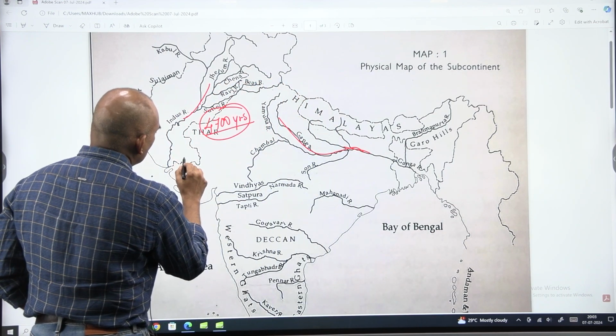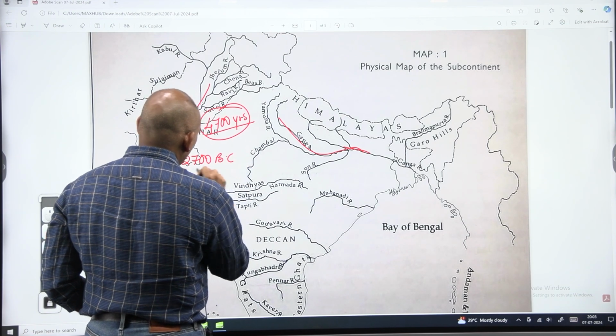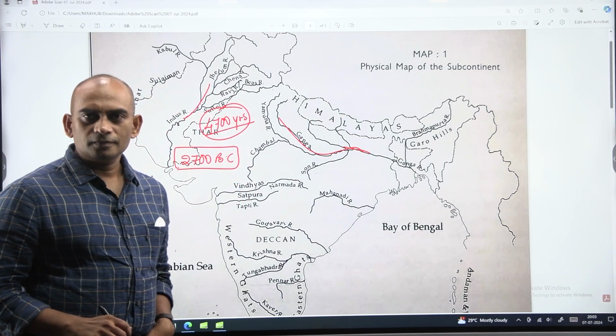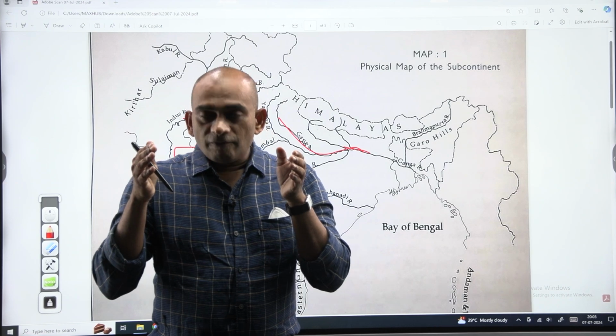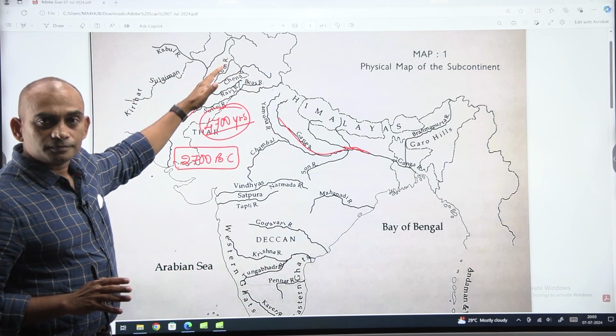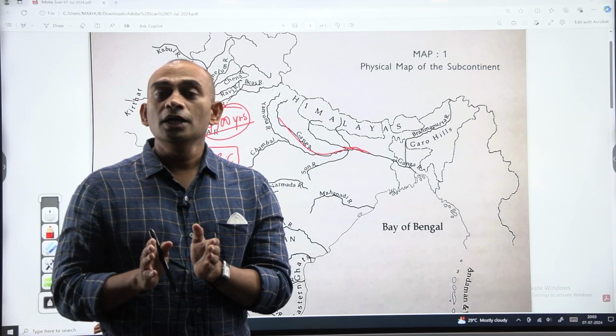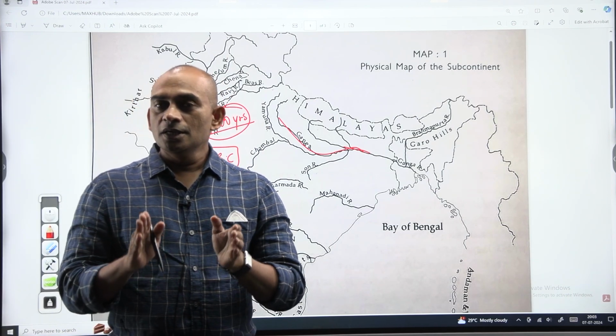That means 2700 BC, first urbanization. That means first time cities flourished in this region. Indus Valley, that is what we call Indus Valley civilization.